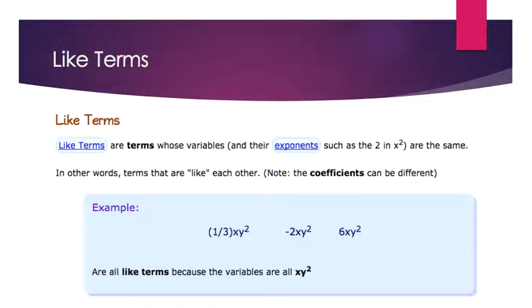However, their coefficients can be different. So for example, 1/3 xy squared, negative 2xy squared, and 6xy squared are all like terms because they all have the variable xy, and all of their y terms are also raised to the second power, or y squared. So those exponents are the same as well.